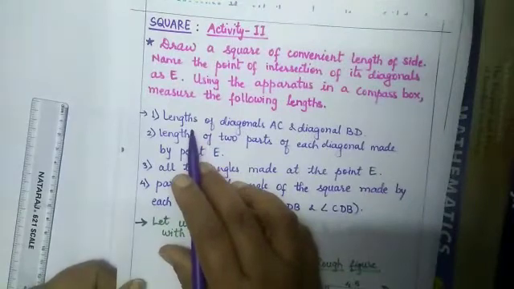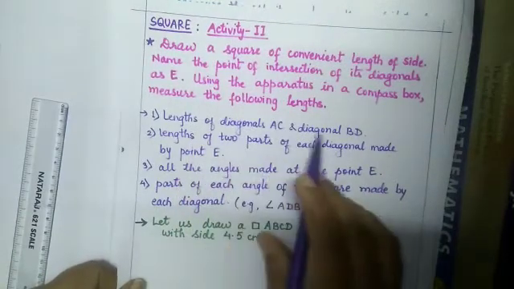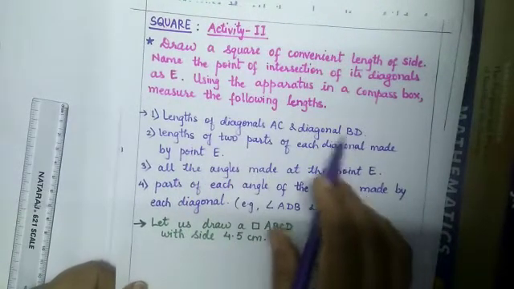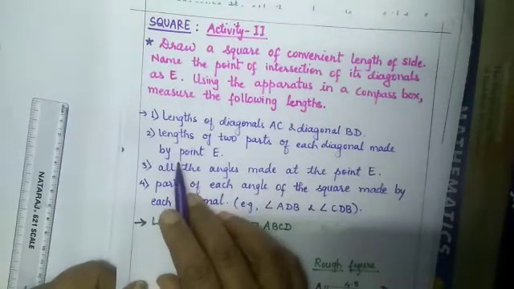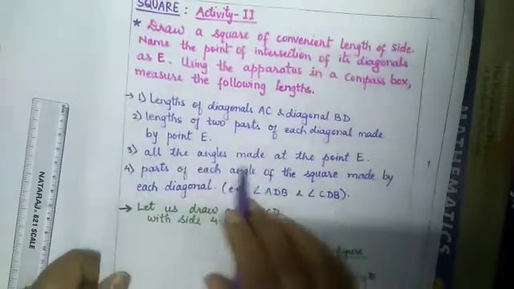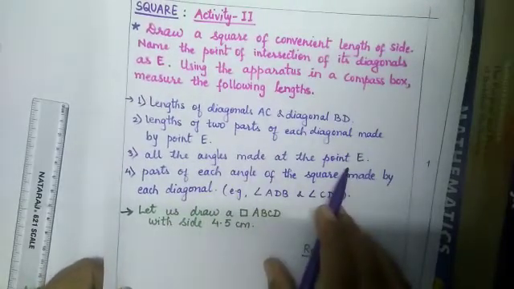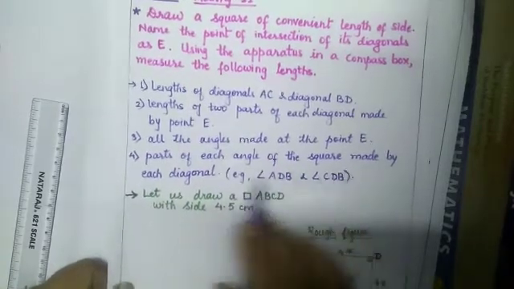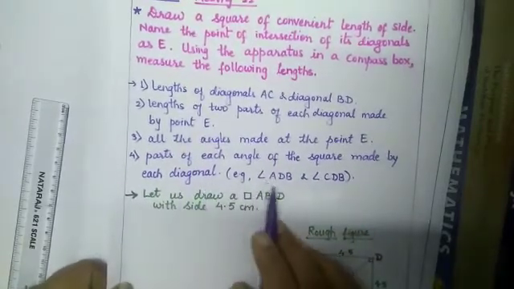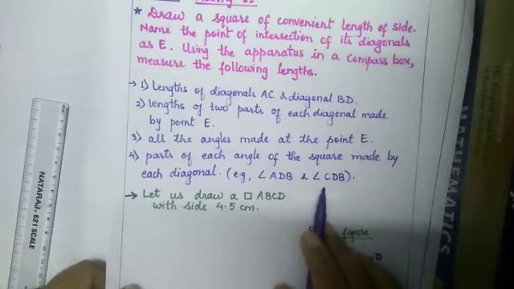So what are the steps? The length of diagonal AC and diagonal BD we have to measure. Then the lengths of the two parts of each diagonal made by point E, then all the angles made at point E, then all parts of each angle of the square made by each diagonal, that is angle ADB and angle CDB.